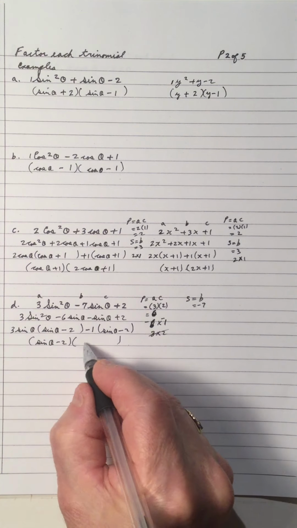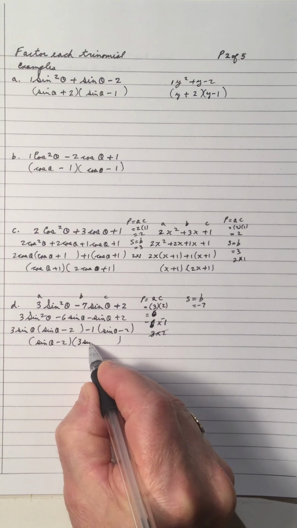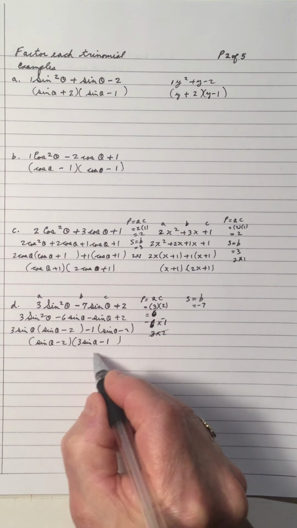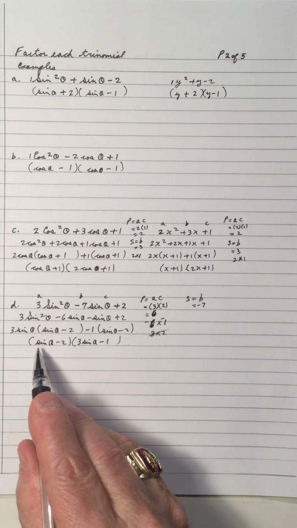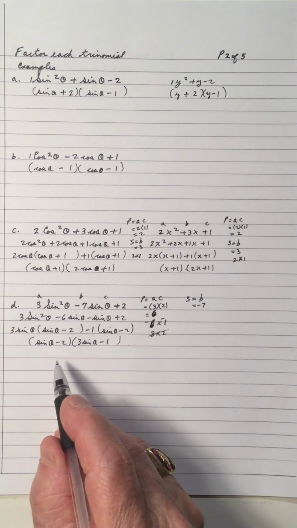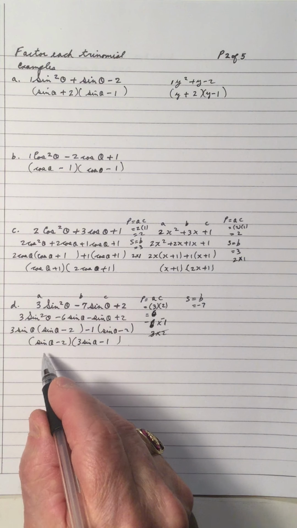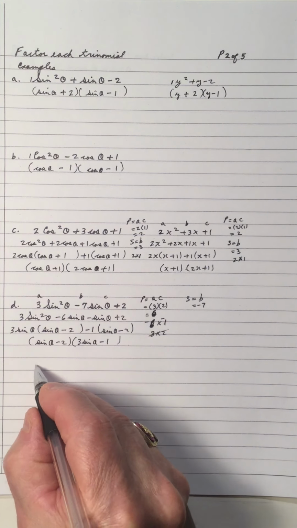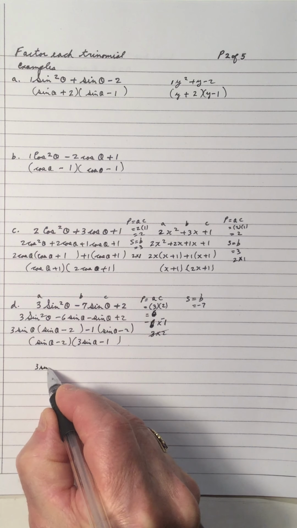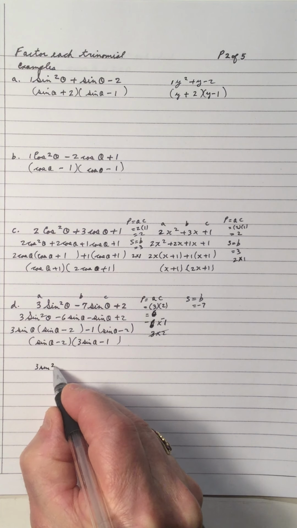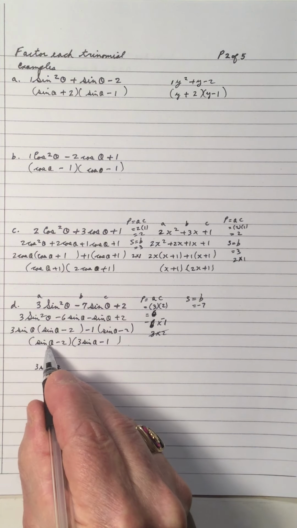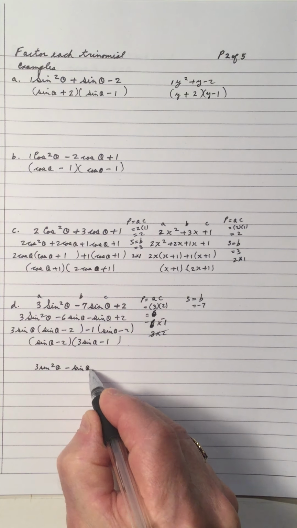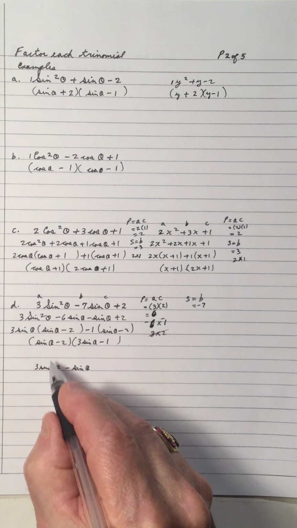So what's left? 3 sine theta minus 1. And if you did the FOIL on this, just try to FOIL for a second, just to show you. If you multiply sine theta by 3 sine theta, you get 3 sine squared theta. Multiply sine theta by negative 1, you get a negative sine theta. That's the first right here.